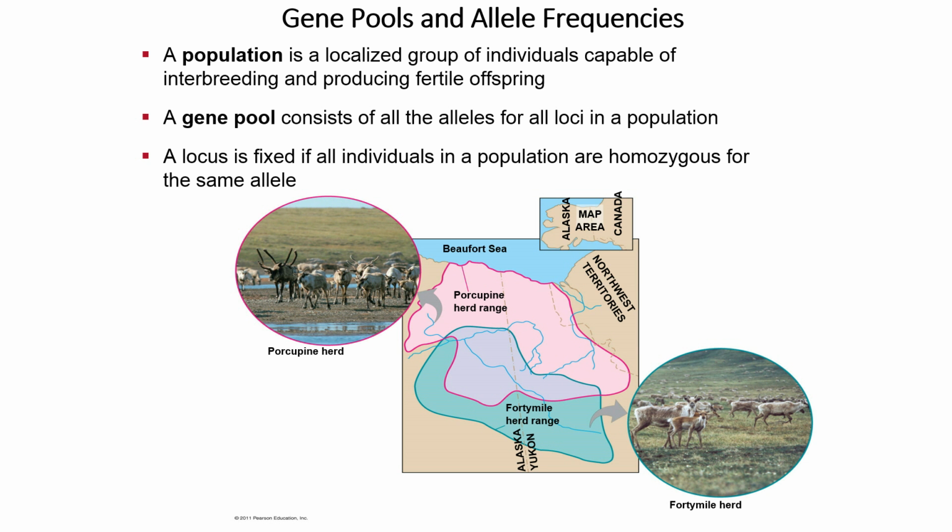For example, we have 2 populations of caribou: a population in the Porcupine herd, and those that are part of the 40-Mile herd. 2 separate, distinct populations. Individuals in the Porcupine herd typically interbreed, and individuals in the 40-Mile herd typically interbreed.